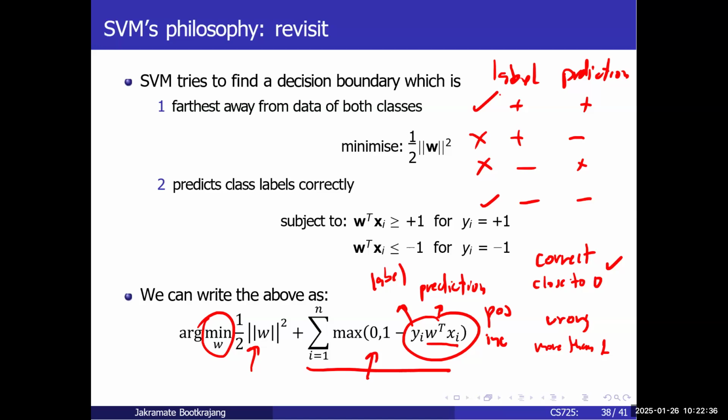So that is how they transform the condition into the objective function, right? It's a clever way. By multiplying the label and prediction, you get a different sign, and that can become the cost of the objective function.